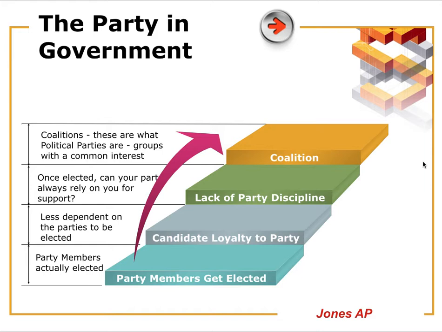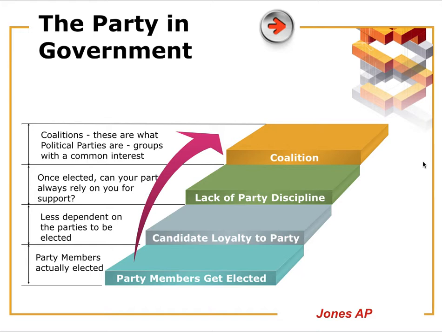Now, once elected, the party tries to keep you in line, but can they always rely on you for support? And so, for instance, there are, especially for blue dogs, or what's left of the blue dogs, the Democratic leadership sometimes expects that portion of the party to vote against what the rest of the party is voting for, simply in order to be reelected again. And it really hasn't worked, but that's the way it's been done.